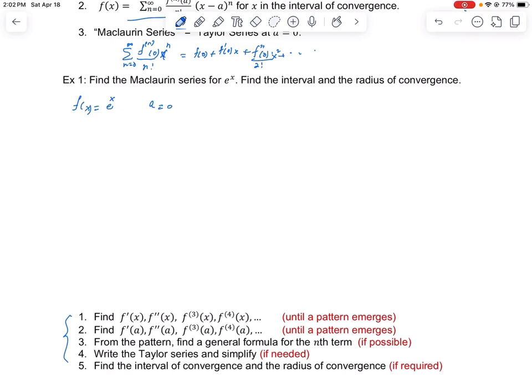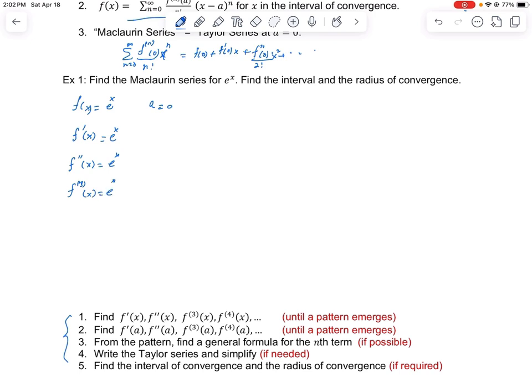What you are supposed to do is find some derivatives. We cannot, of course, find all the derivatives because they go to infinity. But the nice thing about e to the x is that the derivative is the function itself, so all the derivatives are going to be the same. How many we want to find is up to you.